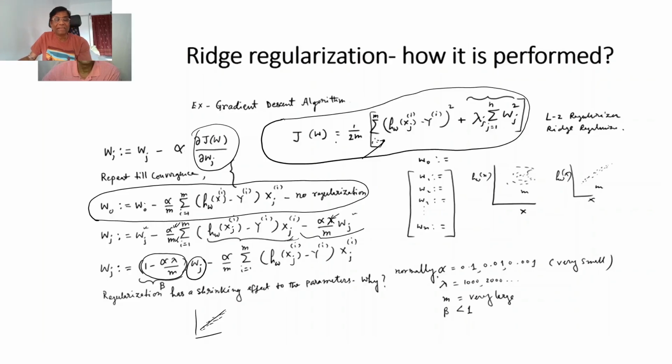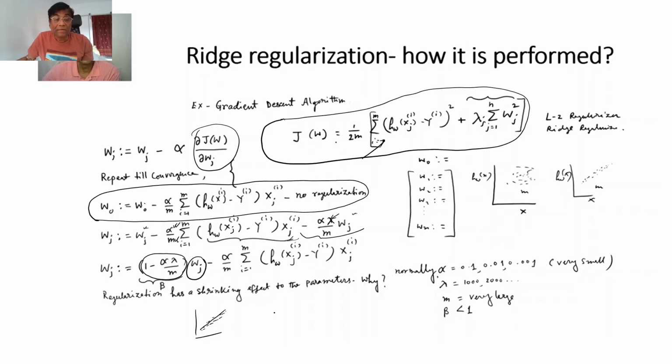Although they will not make them zero, this is another observation. L2 regularizer will not be able to make your W parameters vanish. However, substantially the W value will be diminished. Some of the W values will diminish faster, and now the judgment is yours.